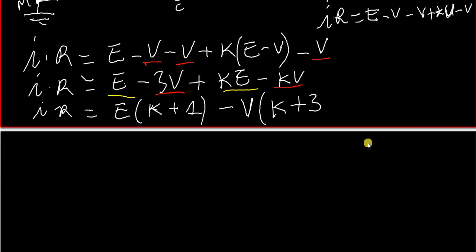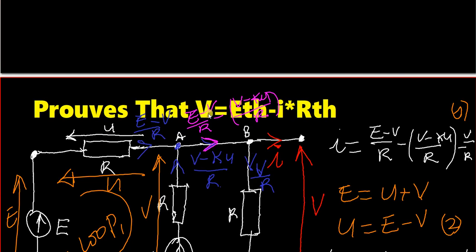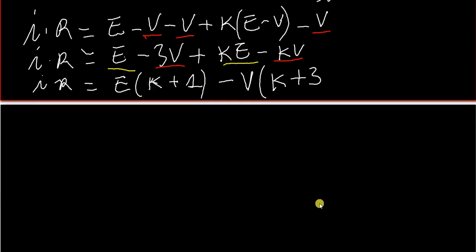When we reach this step, the given expression was to prove that V is equal to E_TF minus something. We are going to find that expression here.